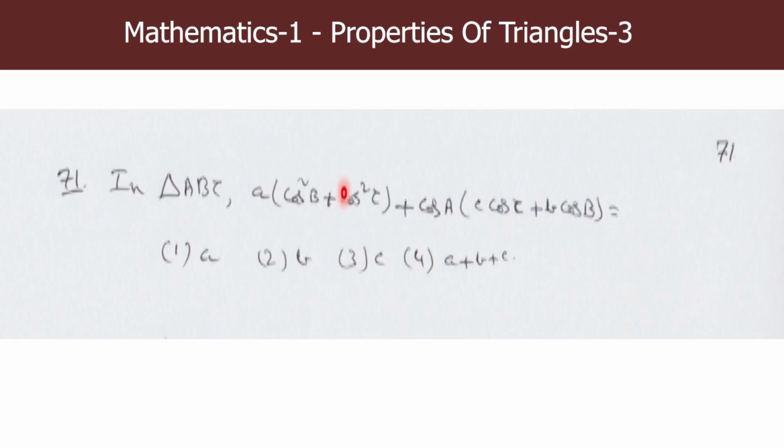71. In triangle ABC, a(cos²B + cos²C) + cos A(c cos C + b cos B) is equal to: 1) a, 2) b, 3) c, 4) a + b + c.